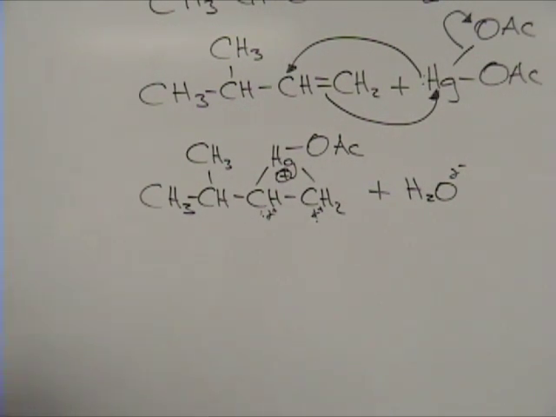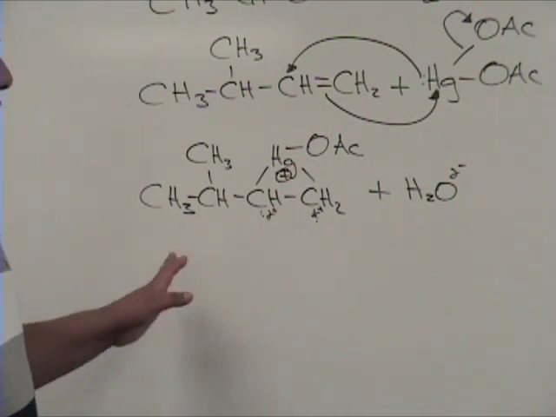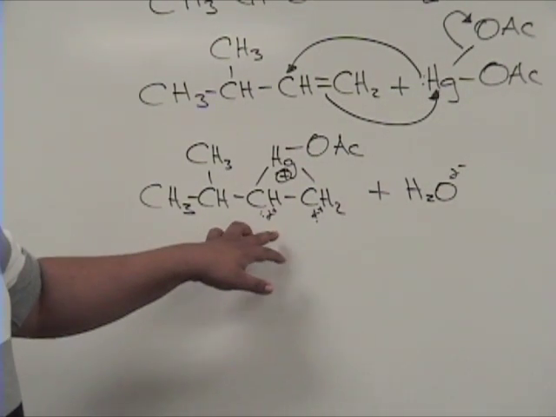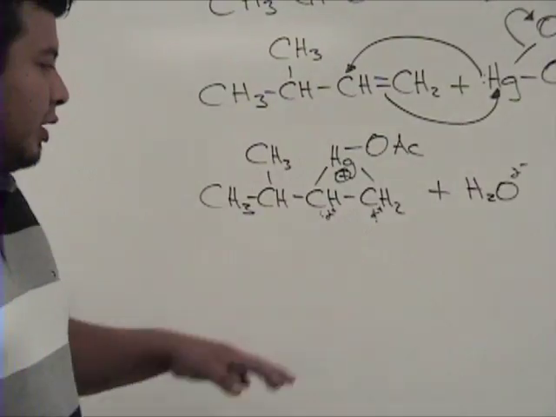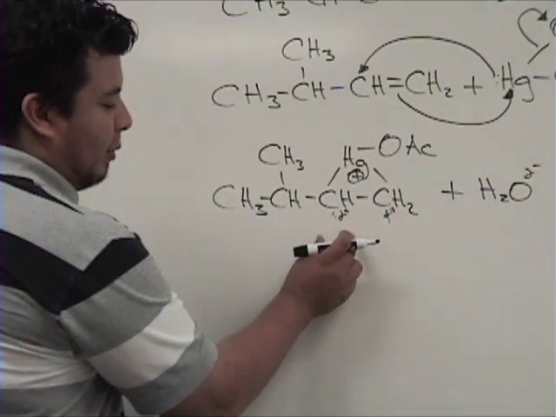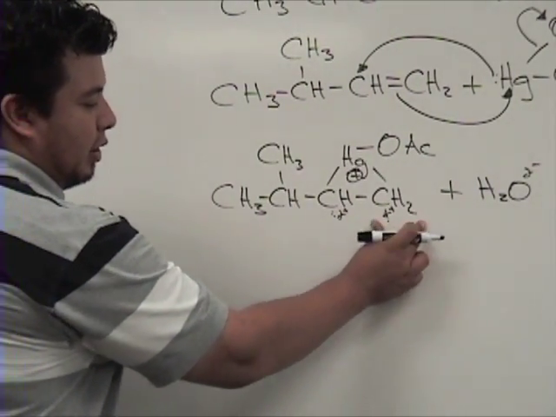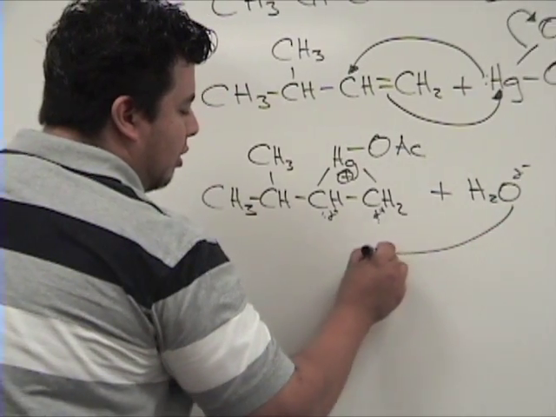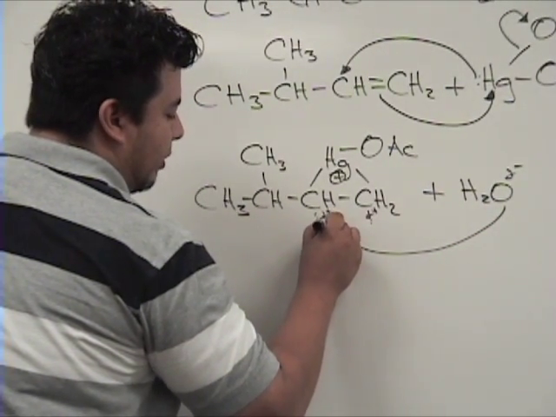So in stability of carbocations, we learned that secondary is better than primary. So we work the same way with partial charges. The more stable one is going to be the secondary instead of the primary. So this water mostly is going to attack this carbon right here.